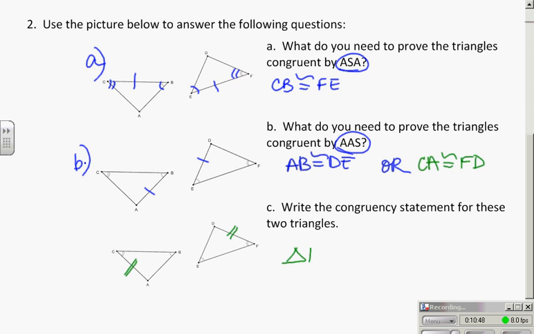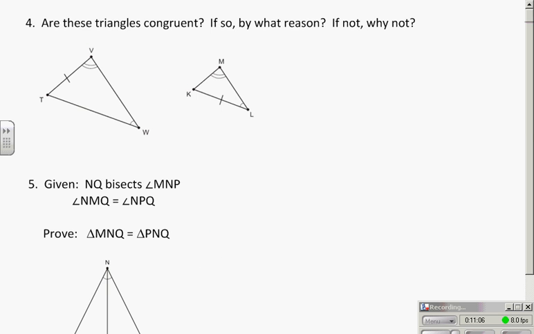And both of those would give me the triangles congruent by angle, angle, side. The congruence statement, regardless of how we prove it, is triangle ABC is congruent to triangle A matches up with D, B matches up with E, and C matches up with F.